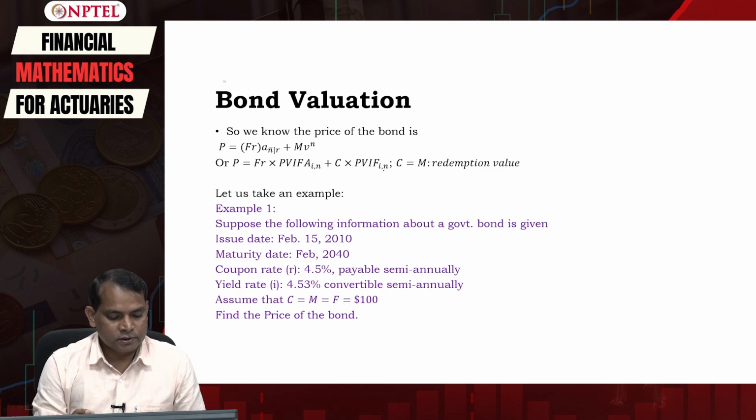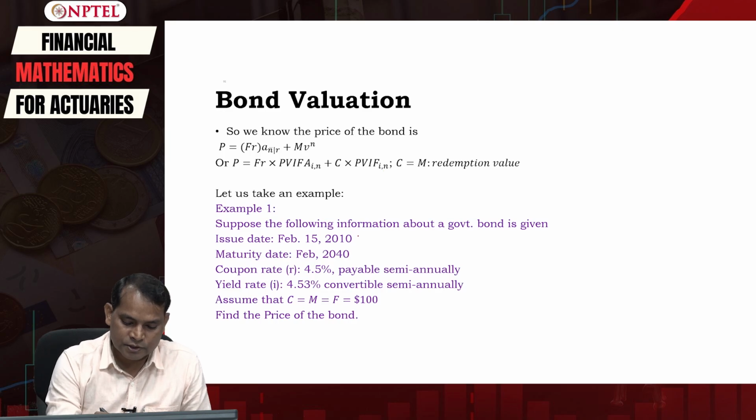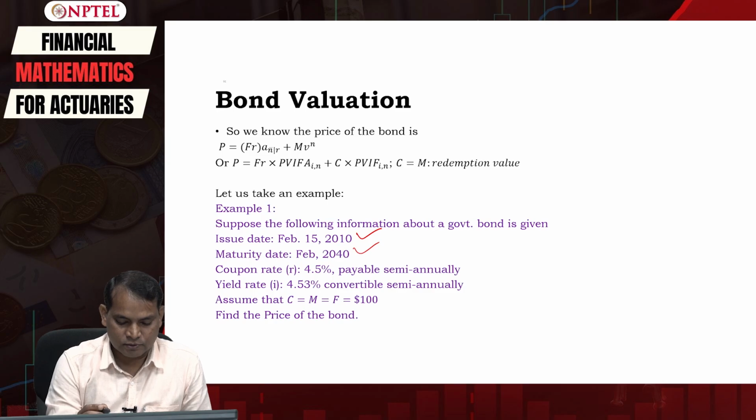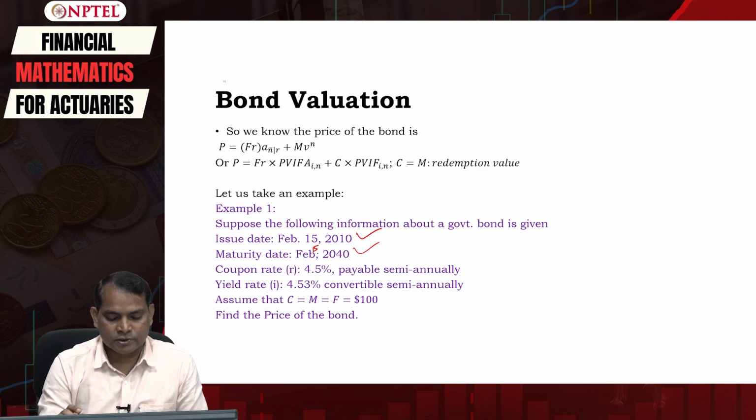Suppose the following information about a government bond is given: we have the issue date, which is in 2010, and the maturity date, which is February 15, 2040.